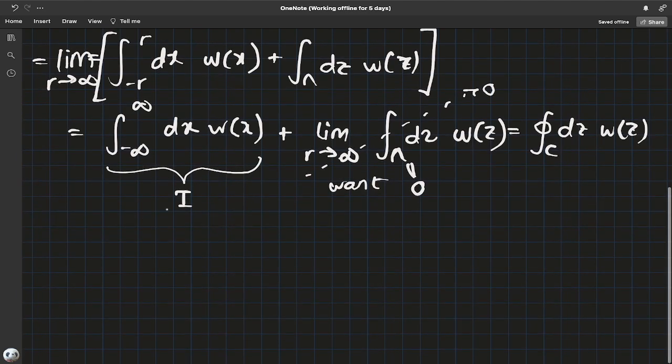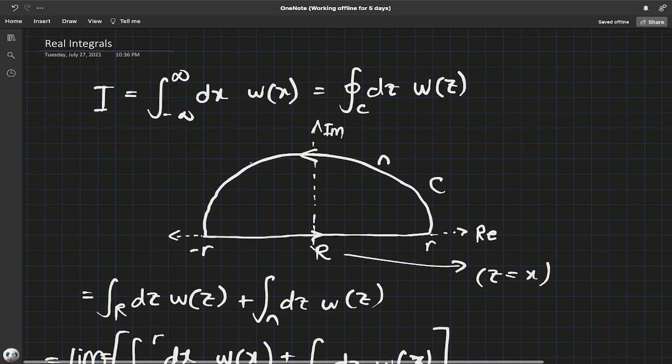So let's look at some conditions first of all that will ensure that this goes to 0. Okay, in case you sort of missed this, why are we converting a real integral into a closed loop integral? That's because if you remember the last video, we know the answer for this.